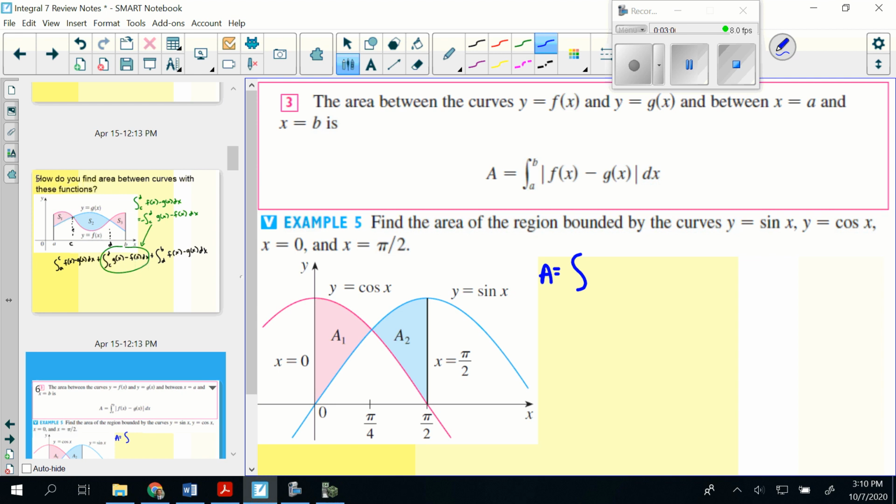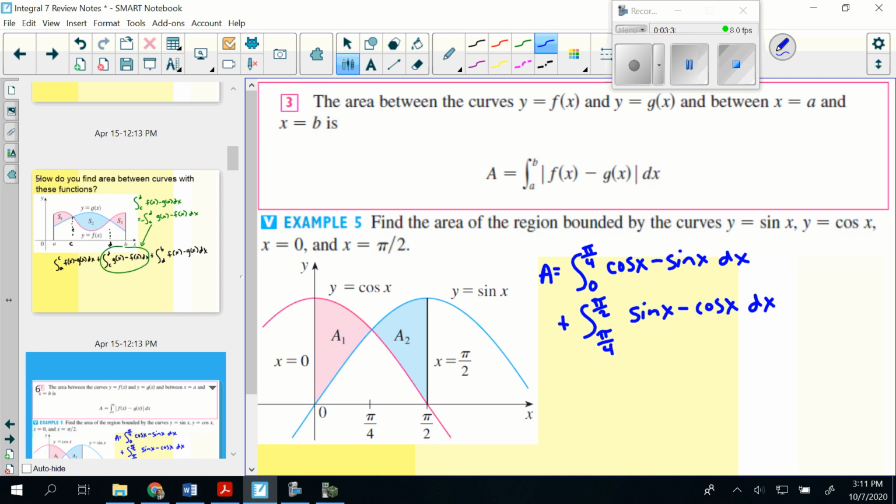The first one from 0 to pi over 4 would have cosine as the top function minus sine as the bottom one. And then they switch. So plus, now we would do an integral from pi over 4 to where it ends at pi over 2. And here now sine is on top, cosine is on bottom.